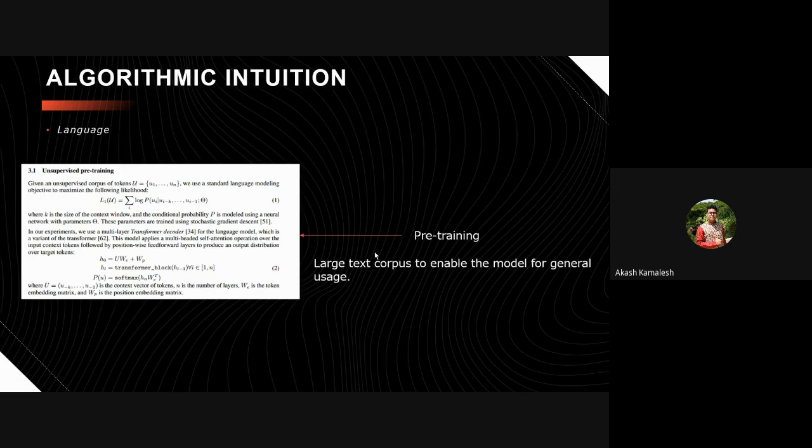Okay, so let's go slightly deeper into the algorithm. Your question on how these two interact will be cleared here. The first step is language pre-training, which uses a large text corpus to enable the model for general usage. This is the first step to any large language model training, also called unsupervised training. They load the model with clean data.